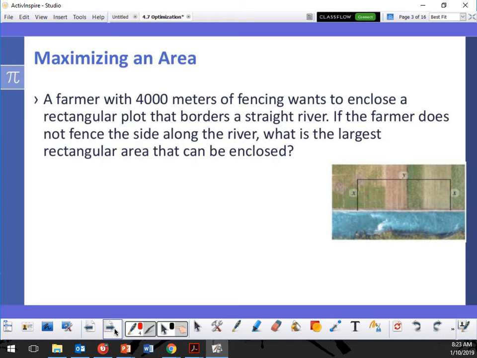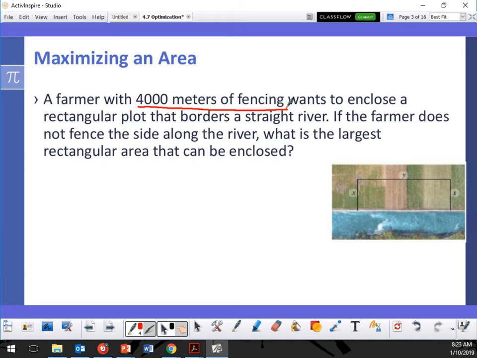Step two. Read it again, but now this time do what? Important things. 400 meters of fencing. Sorry, 4,000 meters of fencing. What was my key word right there? Meter? Nope.